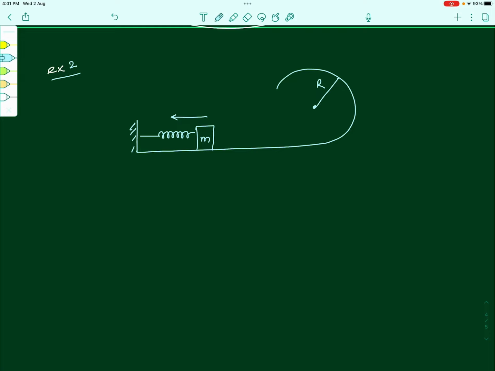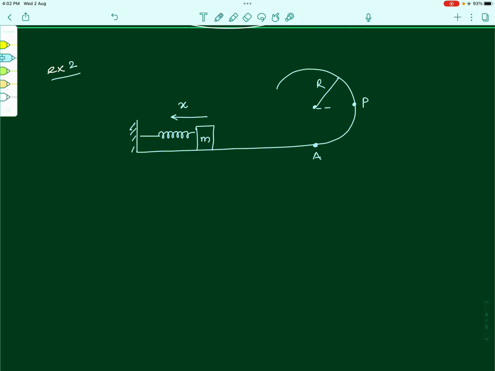As the block is released, it gains kinetic energy and reaches this point A, the lowest point of the circular track. The question is, find the initial compression x of the spring so that the block presses the track with a force of mg when it reaches the point P. Where is the point P?